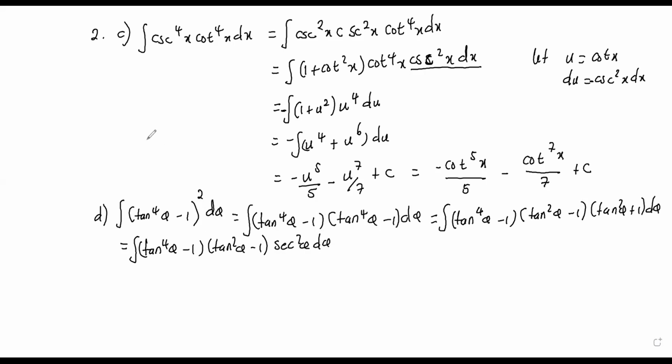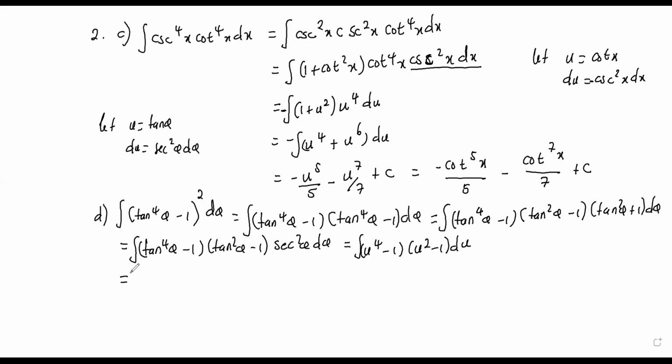So just here, we let u be tan theta. Since we know that our du is now there, sec squared theta d theta. So we can write this as u4 minus 1 multiplied by u squared minus 1, and then du.